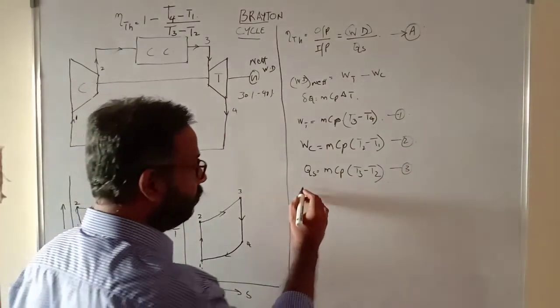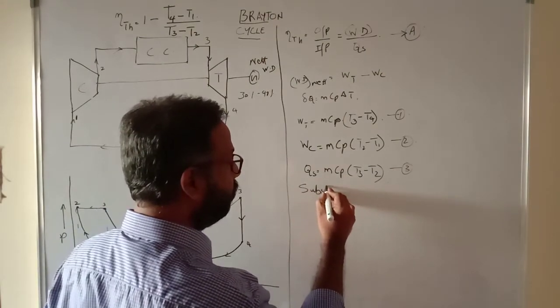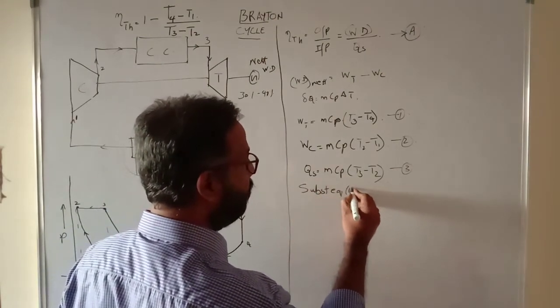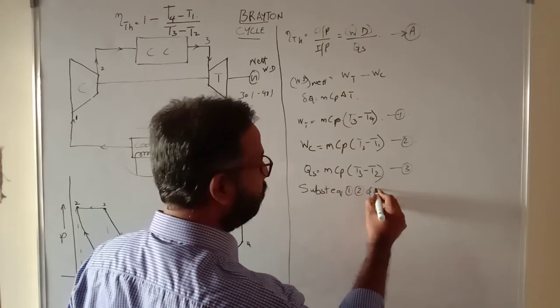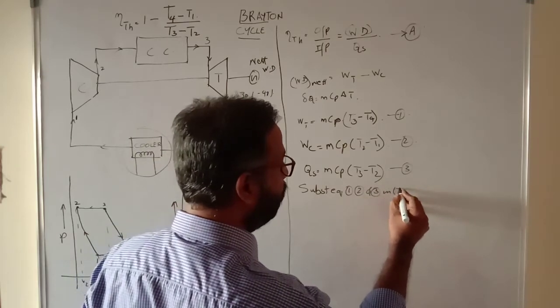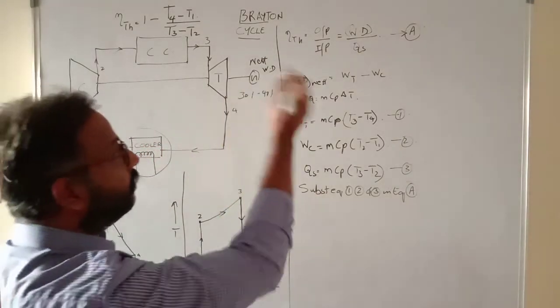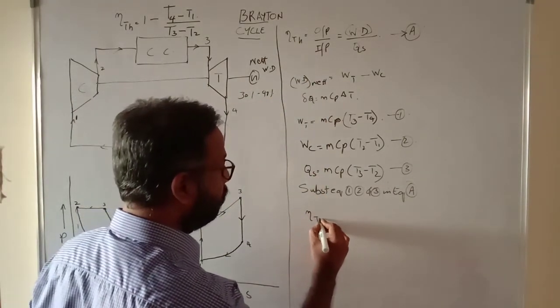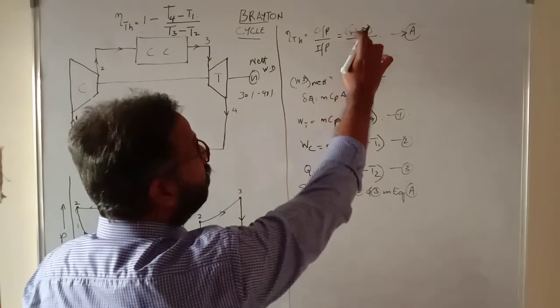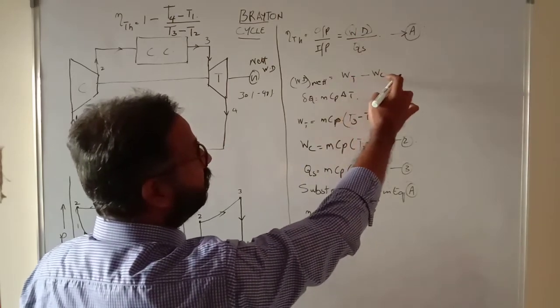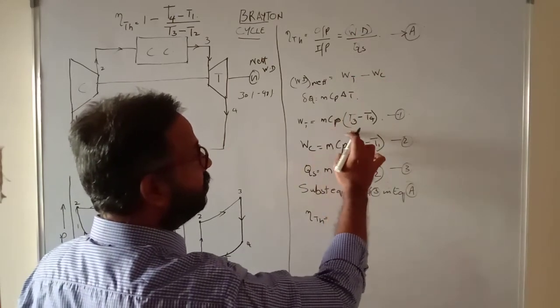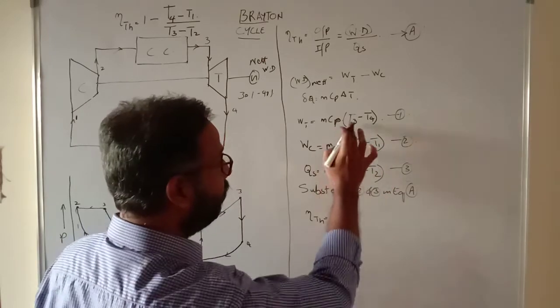Now let us substitute equations 1, 2 and 3 in equation A, and we'll see what we get. Thermal efficiency is the net work done, which is the work done by the turbine minus the work done by the compressor. So I'm just going to substitute the values we have written over here.